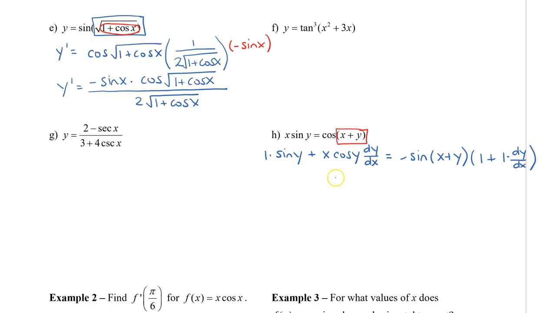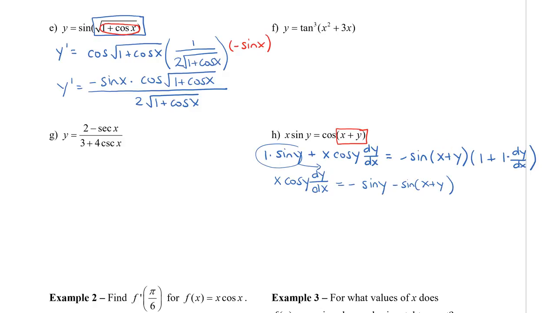All right, to do some simplification, I'm going to take the x cos y dy dx, and that's going to equal negative sine y from over here. We're going to move it to the other side, minus sine x plus y.